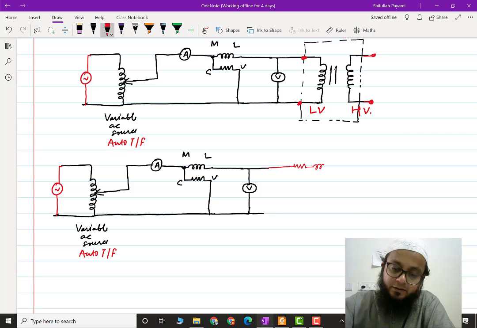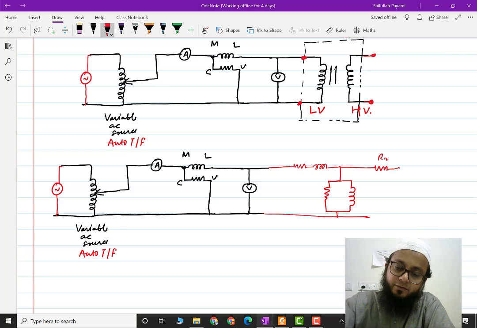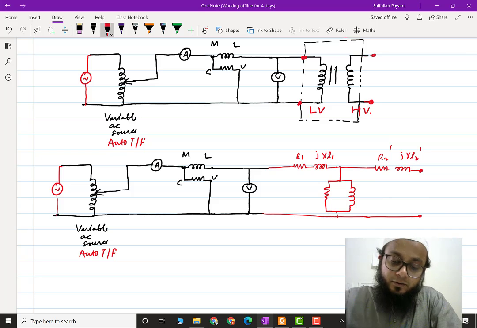Series winding here, and then the shunt branch parameters here. This is R2 dash, and this is jXL2 dash, and this is R1, and this is jXL1, and this is RC, and this is jXM.